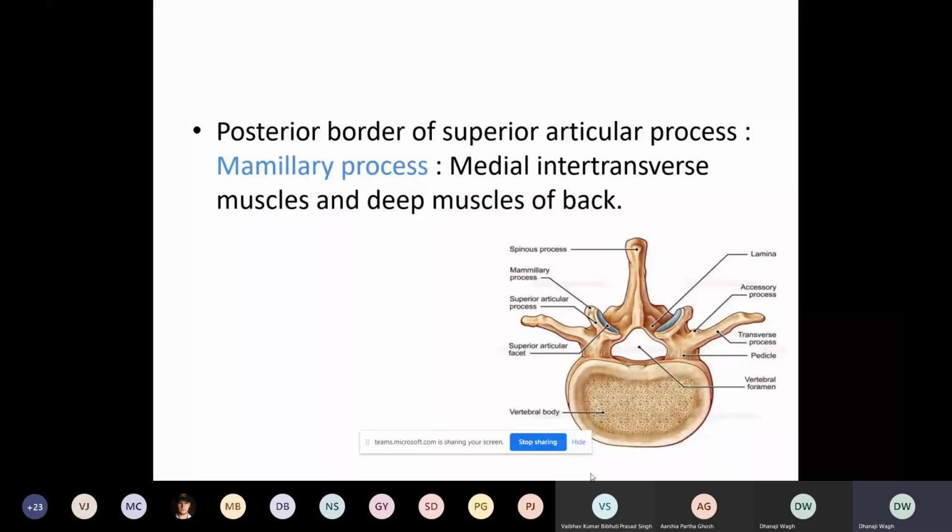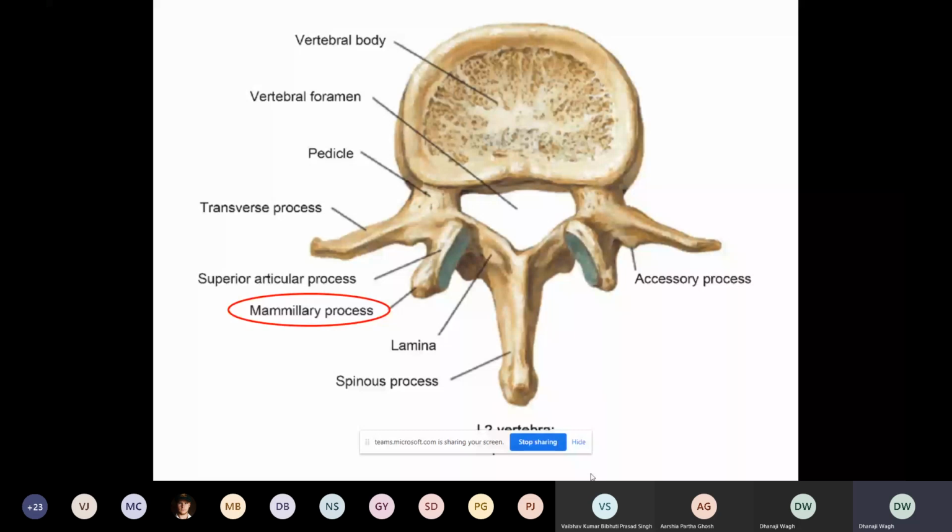See in this big diagram, you can identify the superior articular facet, and at its posterior border there is a rough, elevated portion, the mammillary process. And towards the transverse process, you can see the labeled accessory process. The accessory process is posteroinferior at the root of the transverse process.